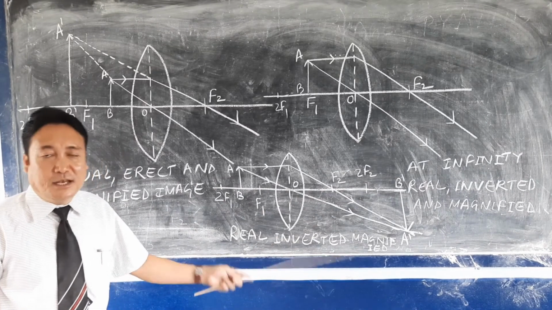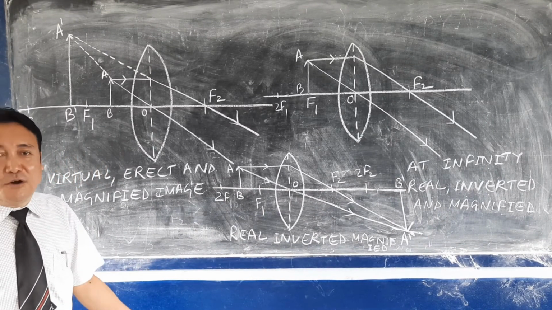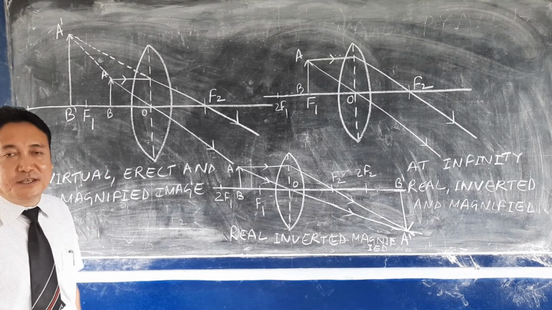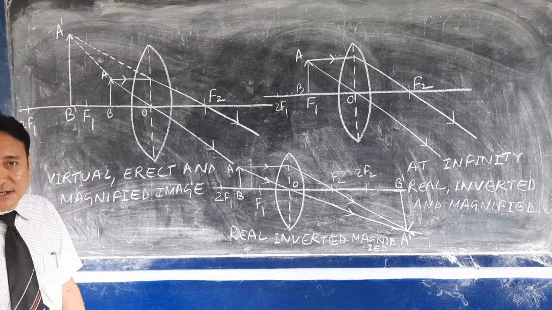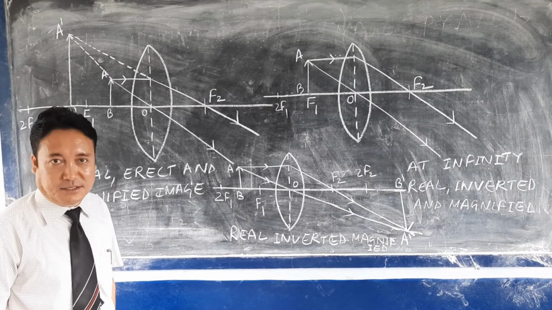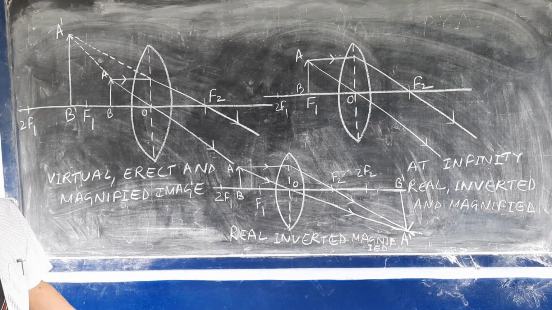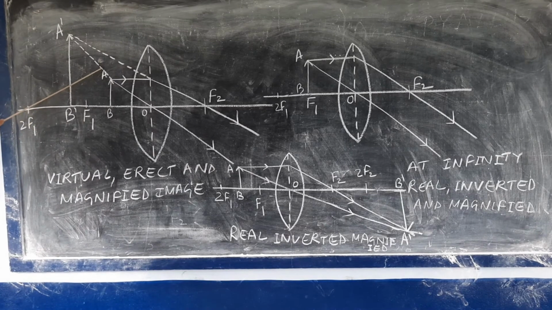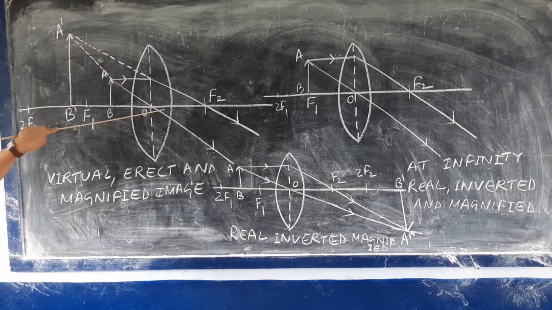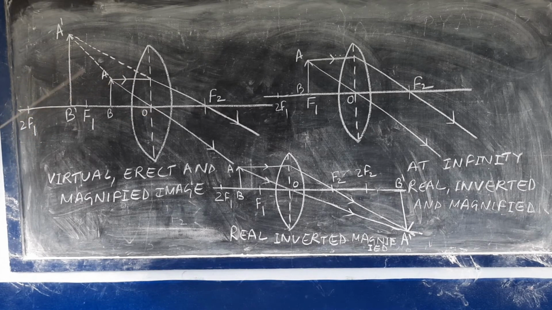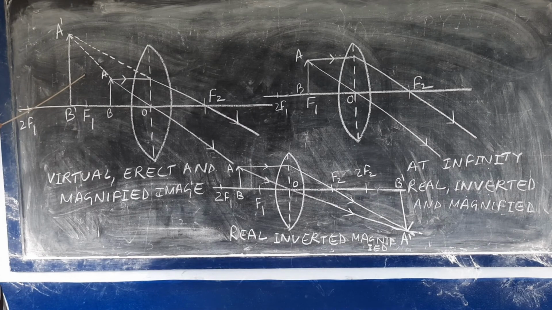A real image is formed by the actual intersection of the reflected or refracted rays. Virtual images are formed without the actual intersection of the reflected or refracted rays. Similarly, the same case is here. The refracted rays are not actually intersecting, but they will intersect when they are produced backward. So that is why in this case the virtual images are formed.